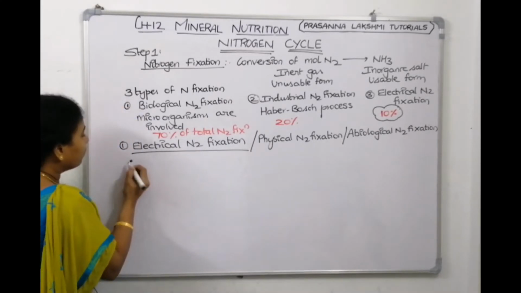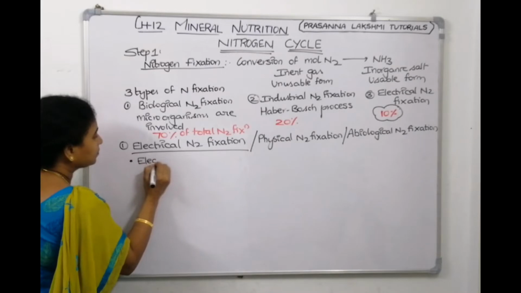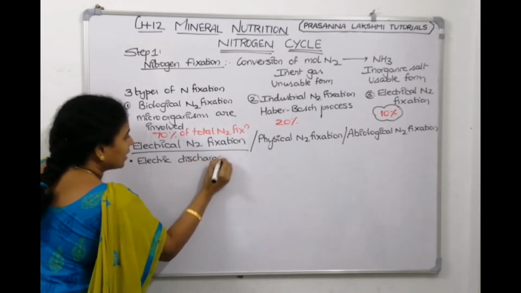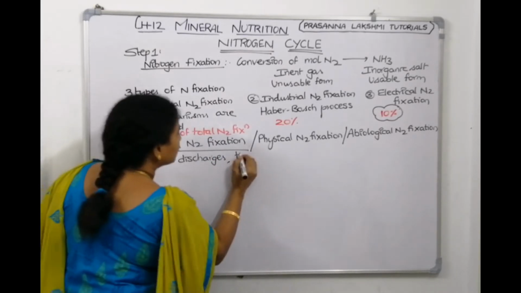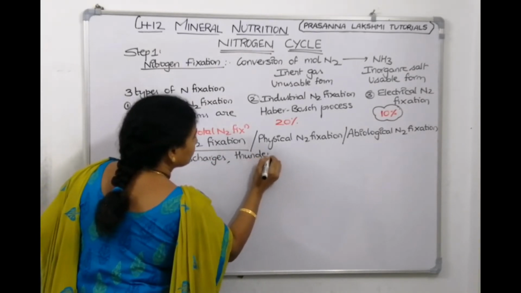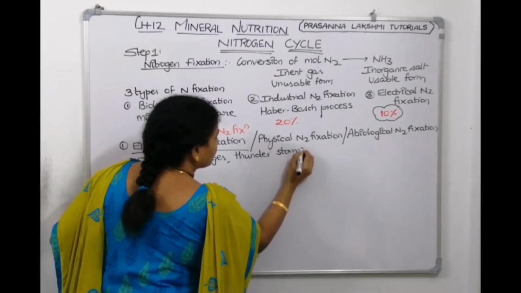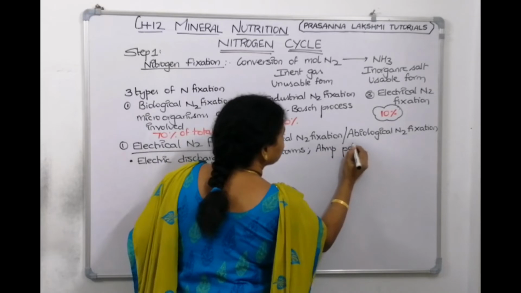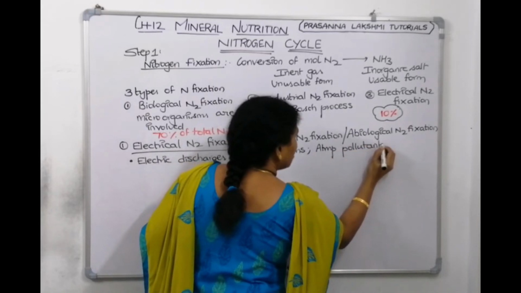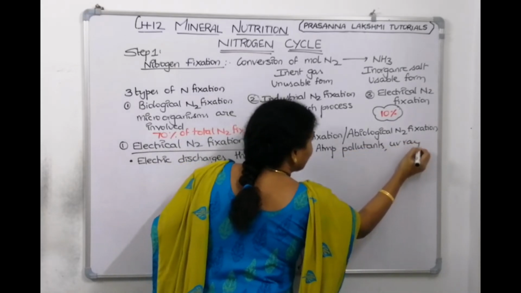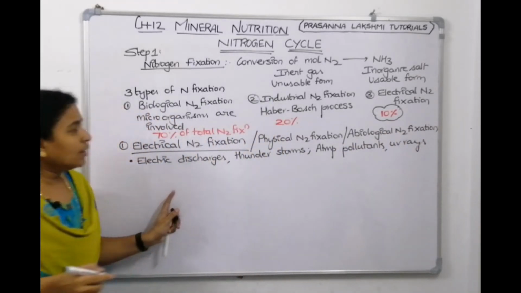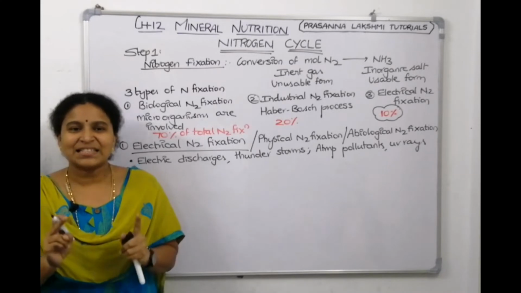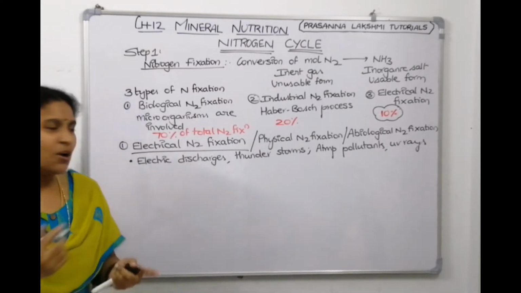We get from electric discharges, or thunderstorms, or atmospheric pollutants. Like UV rays comes under atmospheric pollutants only. All these are responsible for oxidation of the nitrogen gas. N2 combining with O2 is oxidation.